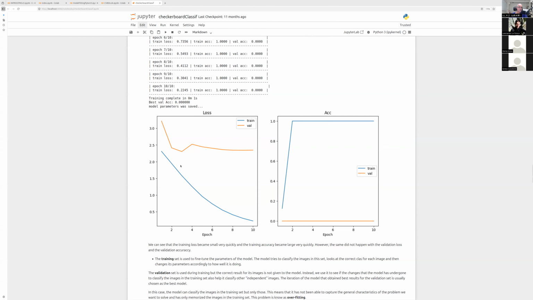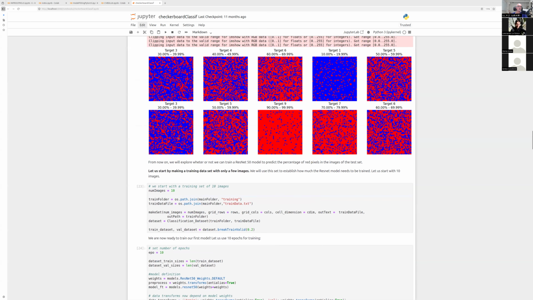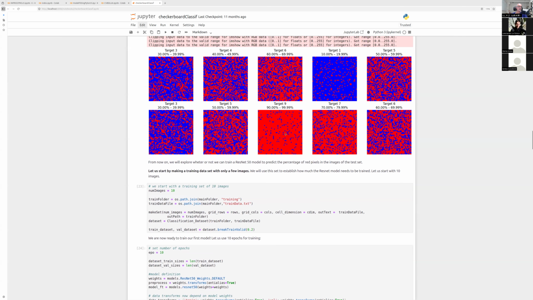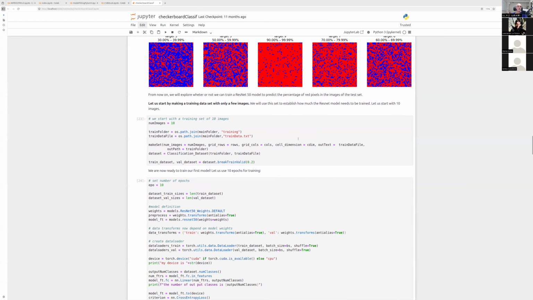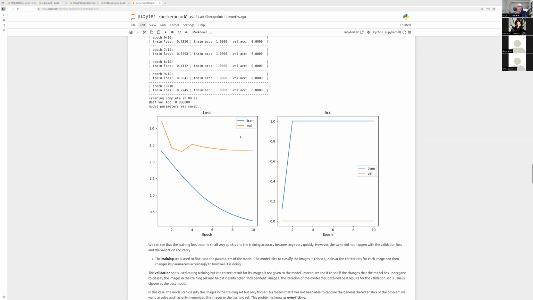That one went perfectly, very nice. And the second problem, which is actually doing something practical, in this case counting the number of blue and red squares in these images, or in your case, actually classifying new images, okay, the practical part, which is monitored by the validation set, well, that one didn't go so well.